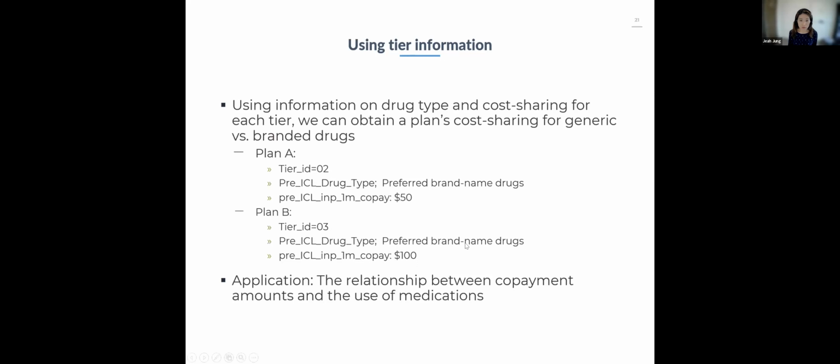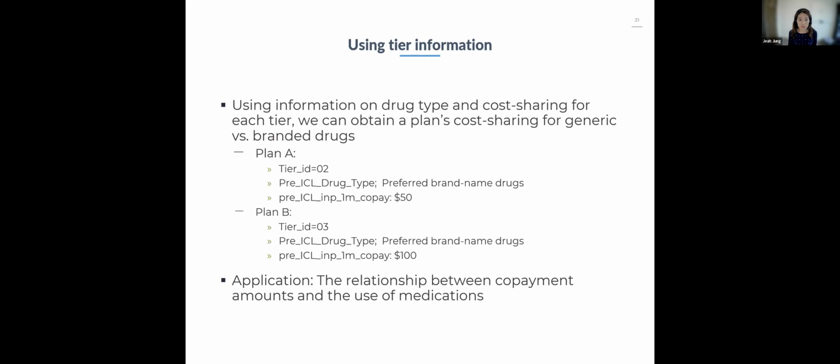Now I can see that, wow, is the probability of using brand name drugs different depending on this benefit scheme between plan A and plan B? You could expect that enrollees in plan A are more likely to use brand name drugs, and that's your hypothesis, because they have lower cost sharing for branded drugs.